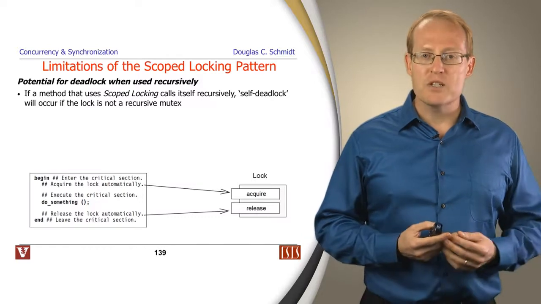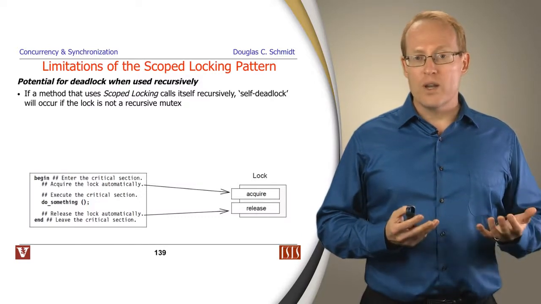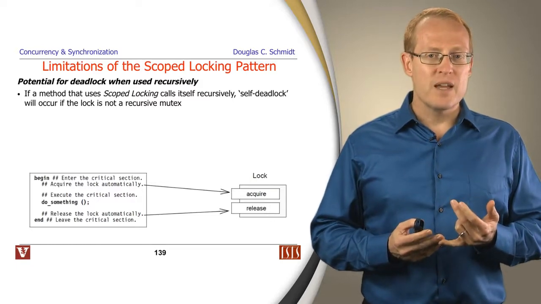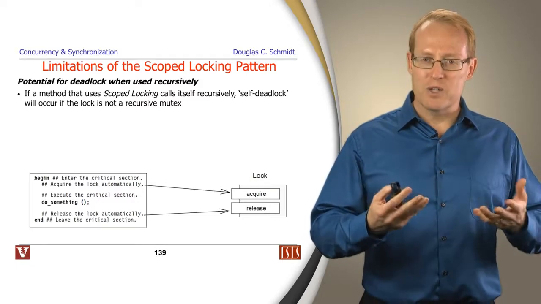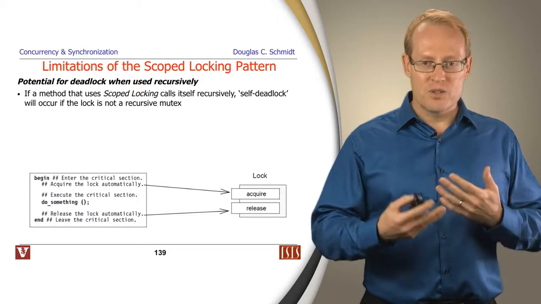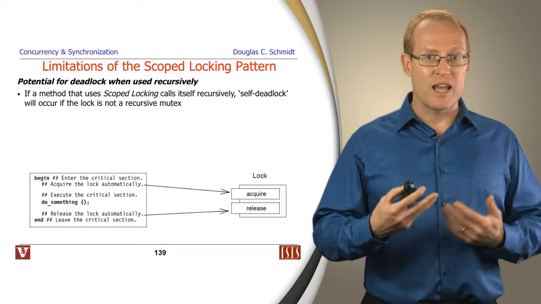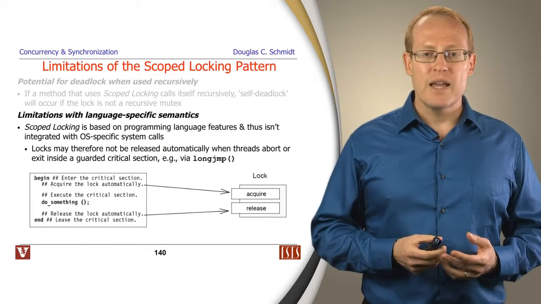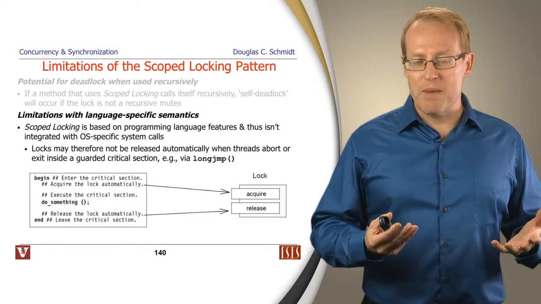There are some limitations with using this particular pattern. One of the problems is that you can end up with deadlock if you use this recursively. We'll talk a bit more about how to get around this particular problem, but if you have self-recursive calls, you can end up with deadlock on a non-recursive mutex, which could be a problem. There are also some language semantics issues.